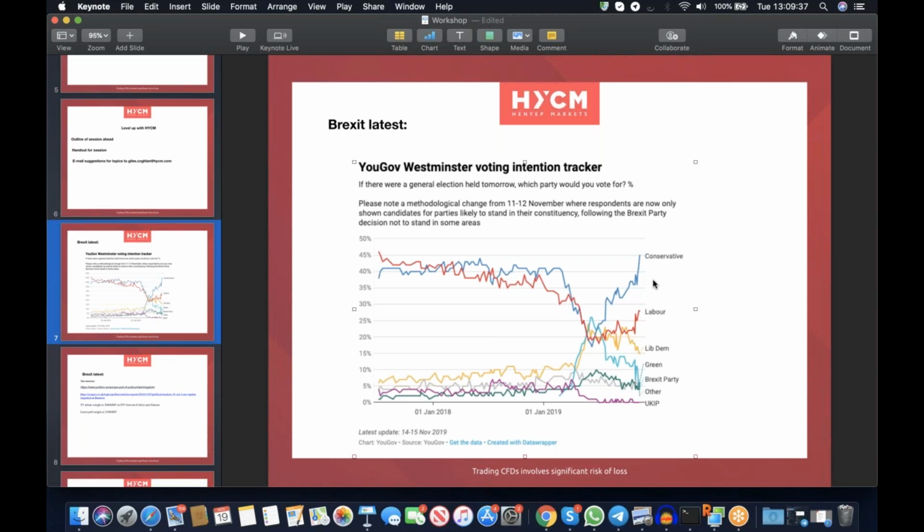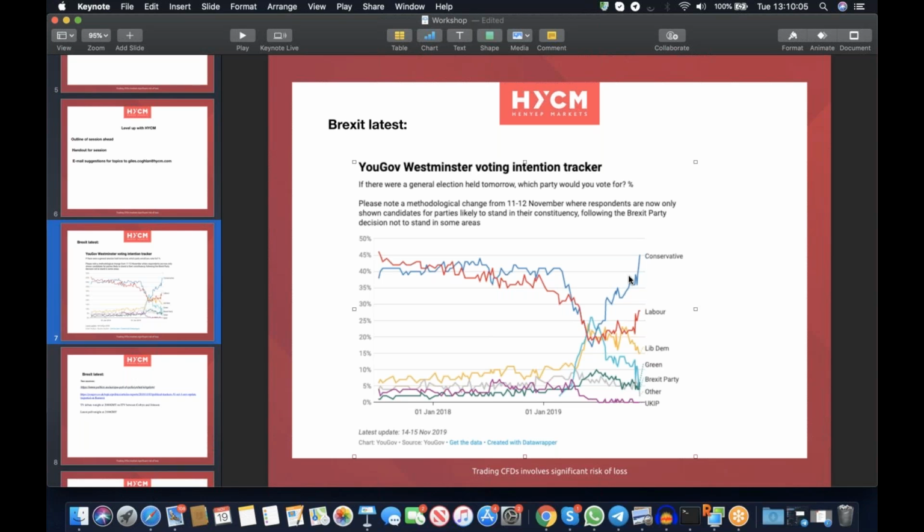Say at 9 o'clock tonight the Conservative party had a further gain, say 48%, and maybe Labour took another drop in the polls down to 25%, then that would be supportive for the pound. So what we're looking for here is a very simple factor. If the Conservative government is seen to be in the lead, supportive for the pound.